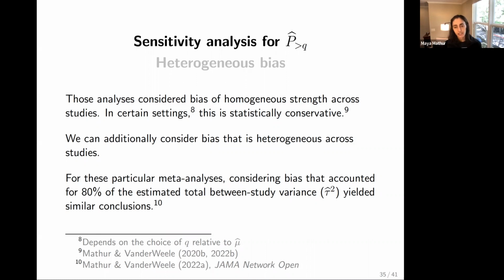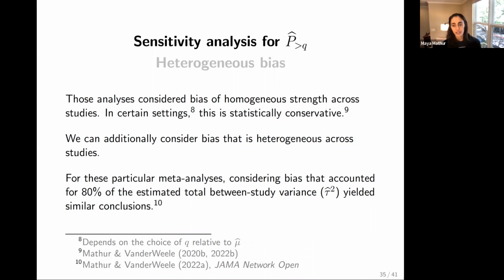And so for these particular meta-analyses, we also did analyses where we considered bias that was log normal across studies and that accounted for 80% of the total estimated between-study variance. So what do I mean by that? When we estimate tau squared, the variance of population effects in a confounded meta-analysis, what we're getting is a combination of the true heterogeneity in the population causal effects as well as the heterogeneity in the bias.